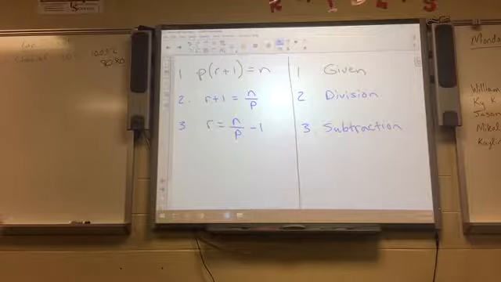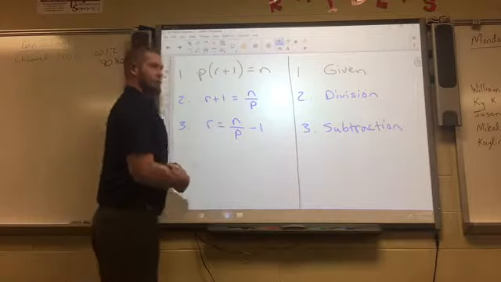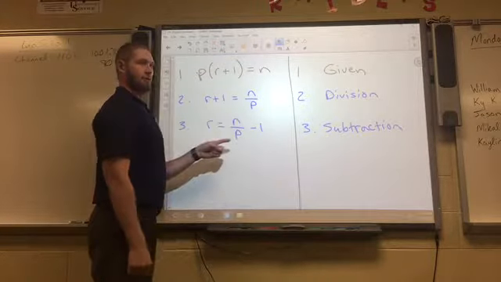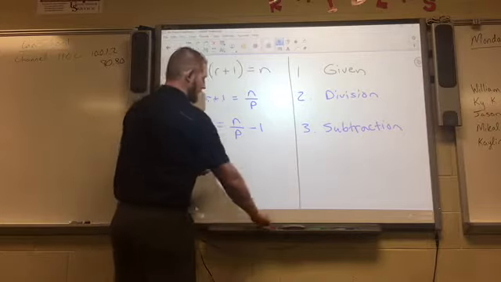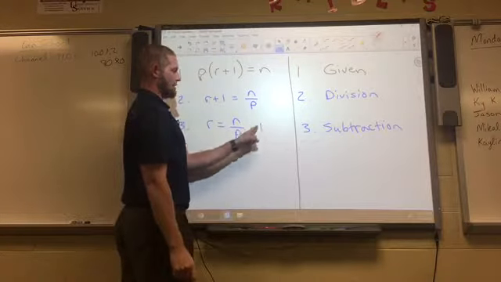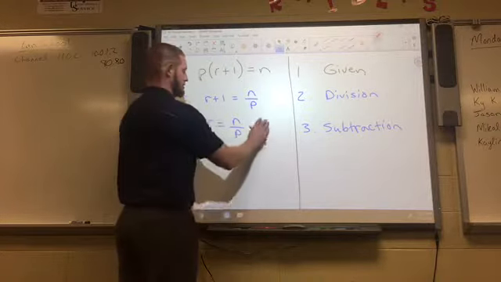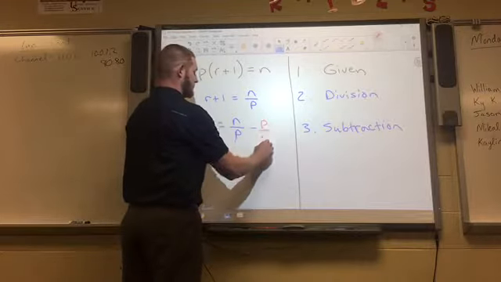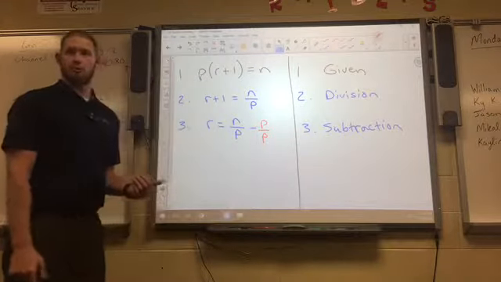Okay? Does that match exactly what they have in the book for R? No. We can all agree that it does not, right? Let me change some things on what we have and see if you agree with everything I do. I can change this minus 1 to a minus P over P, because P over P is just 1, right?